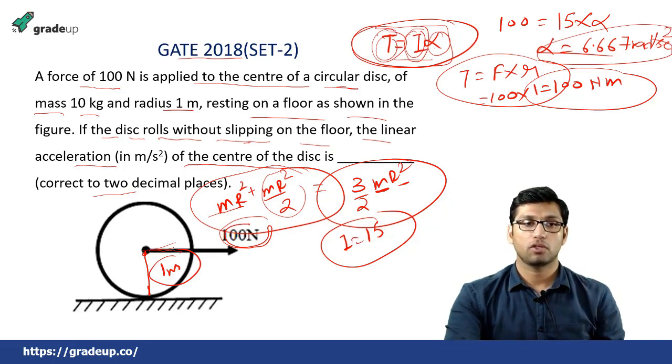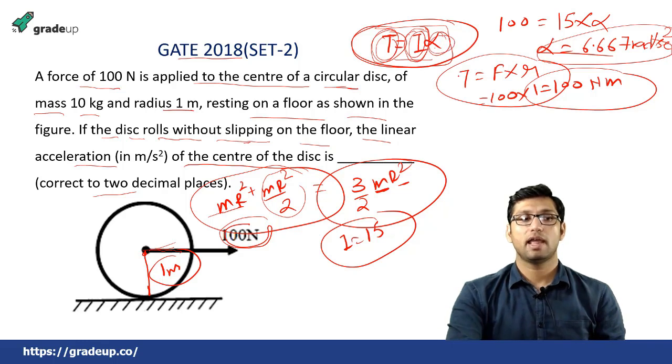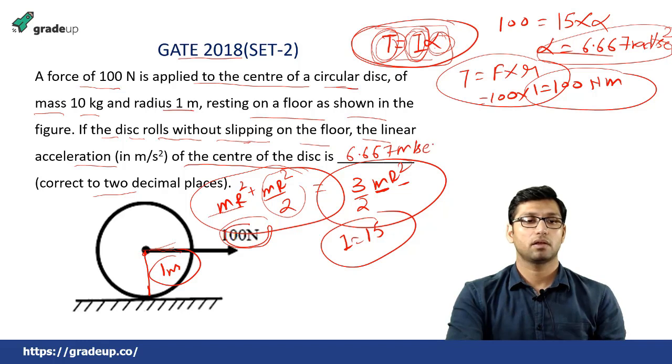So you have found the torque, you know the value of moment of inertia, so you can find the value of acceleration. This was a good question. So the value of acceleration is equal to 6.667 radian per second square.